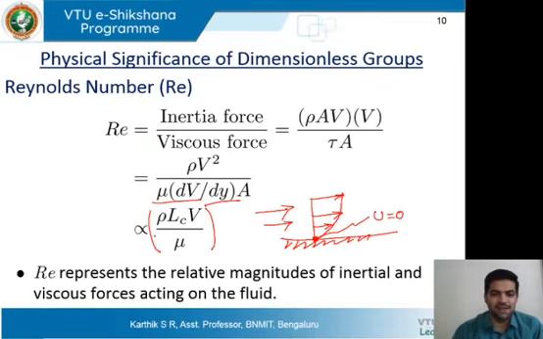So a very high value of Reynolds number indicates that the inertia force dominates the viscous force, and a lower value of Reynolds number indicates that the viscous forces are predominant over the inertial forces. You know that you can decide the type of flow, whether it is laminar or turbulent, by the value of Reynolds number.